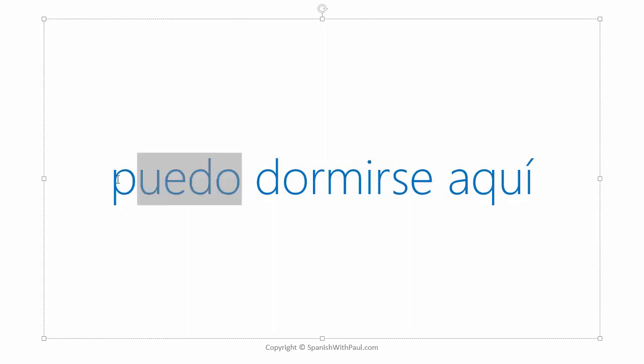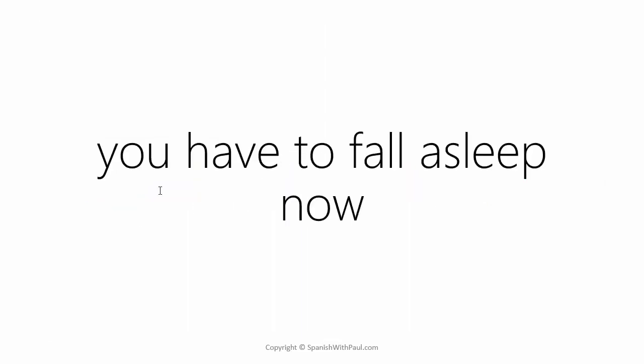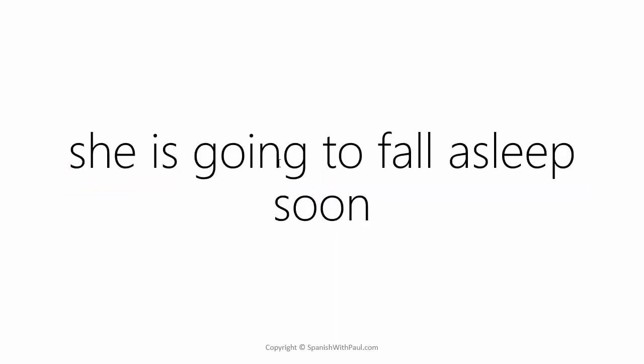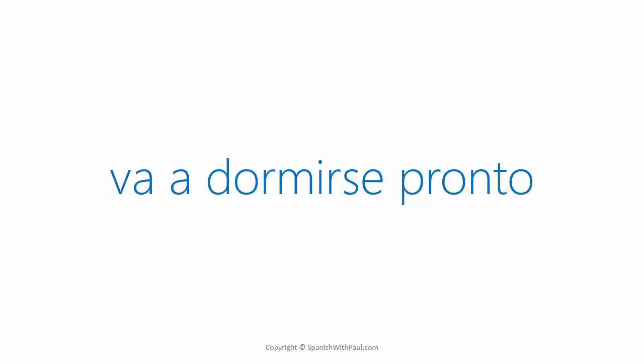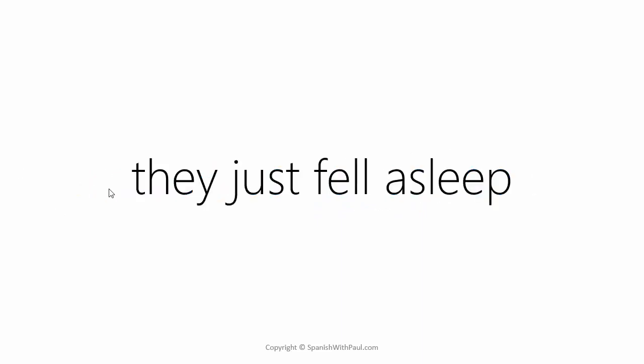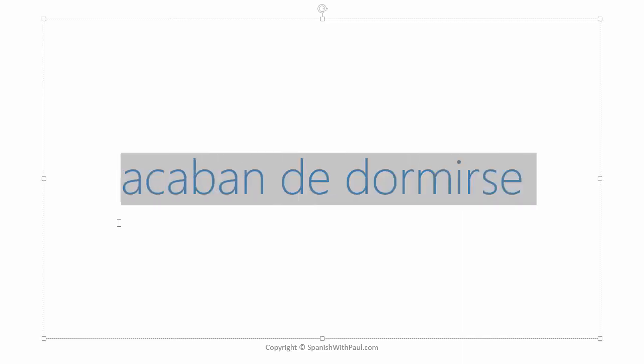And we can put it with any handle. Here we have I can fall asleep. We have you have to fall asleep, tienes que. You're going to fall asleep, va a. Or we want to fall asleep, queremos. Or any other thing, they just fell asleep, acaban de dormirse. So it works with any handle.